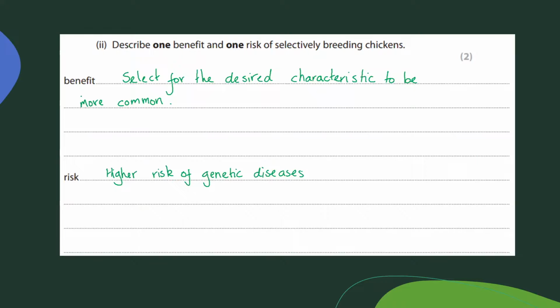Bananas, that sounds a funny thing, but they're at risk of extinction because they've been selectively bred and they're at risk of certain diseases now. So it can happen in plants too. So risk of genetic diseases, and another risk of all birds in this case, but it could be any animal, being genetically similar.